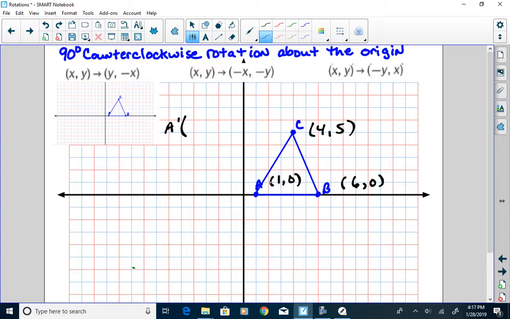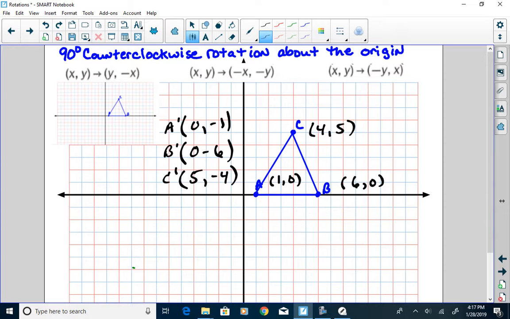That's 0, negative 1: our y value, and then the opposite of the x value. B prime would be located at y, opposite x: 0, negative 6. And C prime is going to be located at y, opposite x: 5, negative 4.